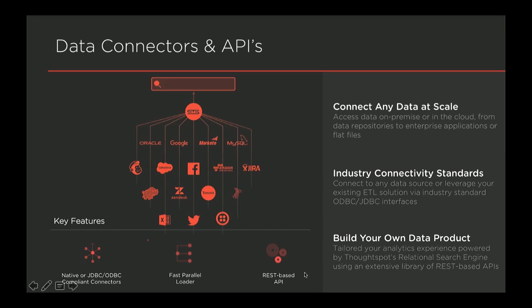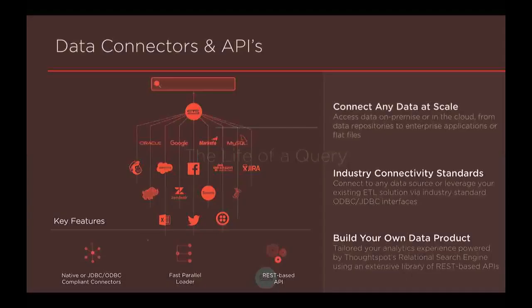And just a side note here, I had actually listed this REST-based API here. This is actually REST-based APIs for you, as I showed in the demo, to create a custom product. Perhaps you want to apply custom visualizations on the data that you have brought into ThoughtSpot. You have the means to do that through our REST-based API.